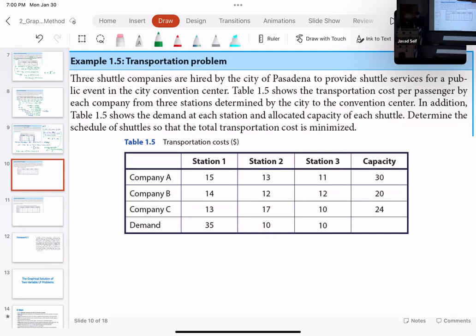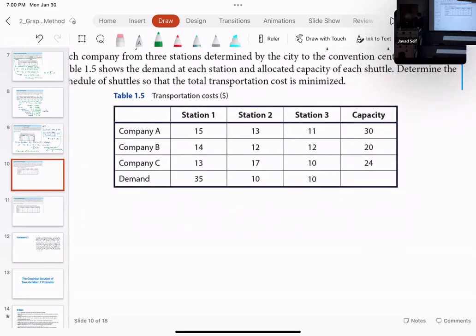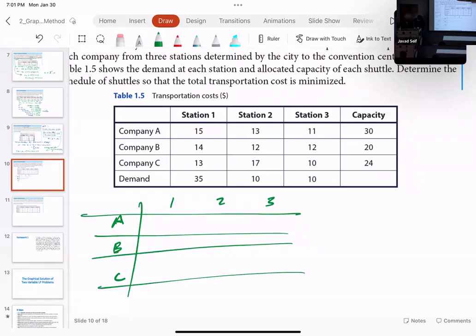So instead of filling it up with costs and capacity, I just write A, B, and C, and here station 1, 2, 3, and I say how many each one takes. It's a 3 by 3 table.